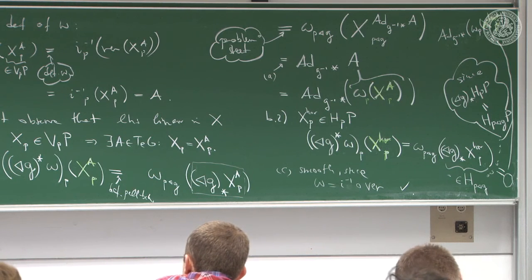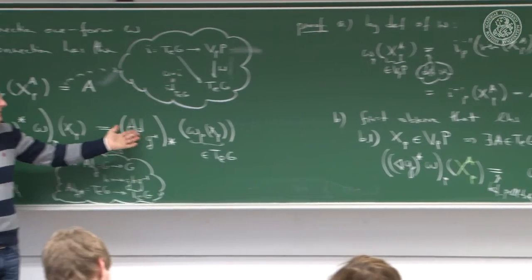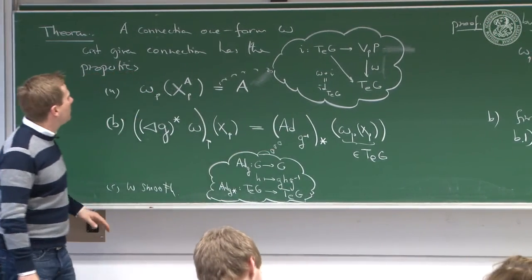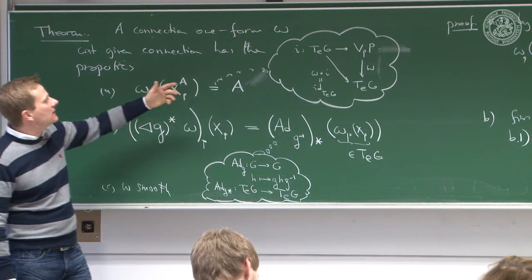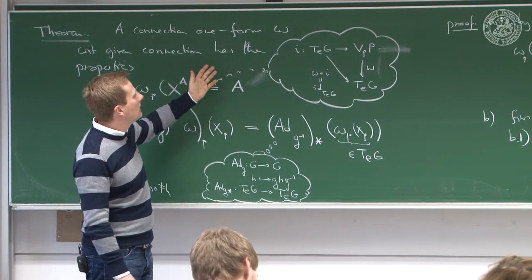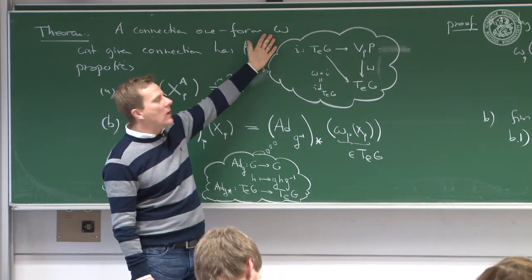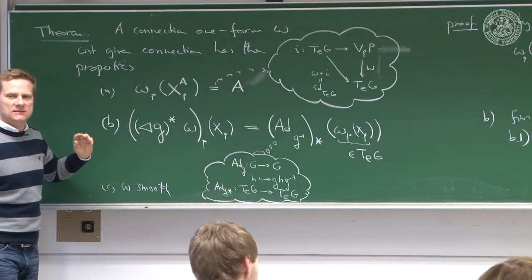Now, this may scare one at first sight, but of course we had this before. And of course, it's much more convenient to say, you hand me a principal bundle, and now you hand me a one form with these properties.